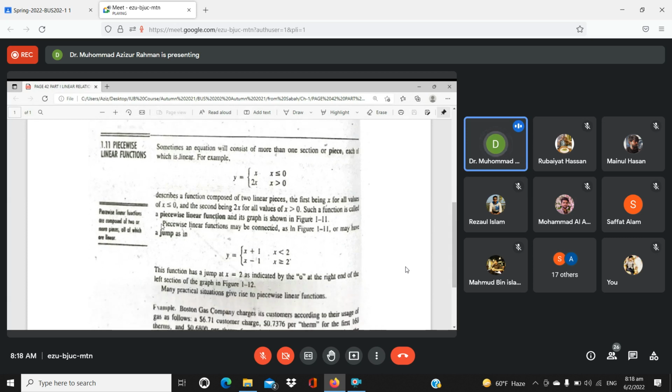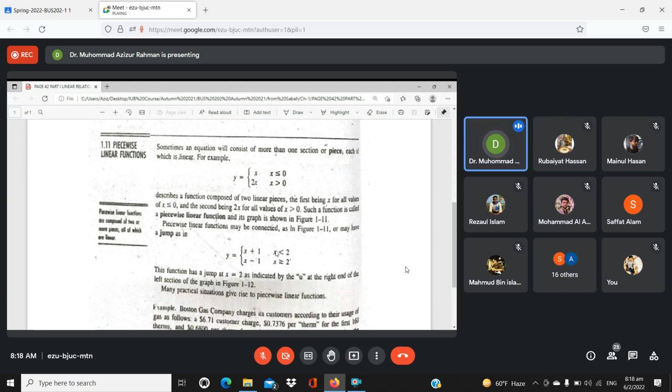There can be another example. Similarly, we can write if the value of x is less than 2, then y equals x plus 1. If the value of x is greater than 2, then the equation is y equals x minus 1.